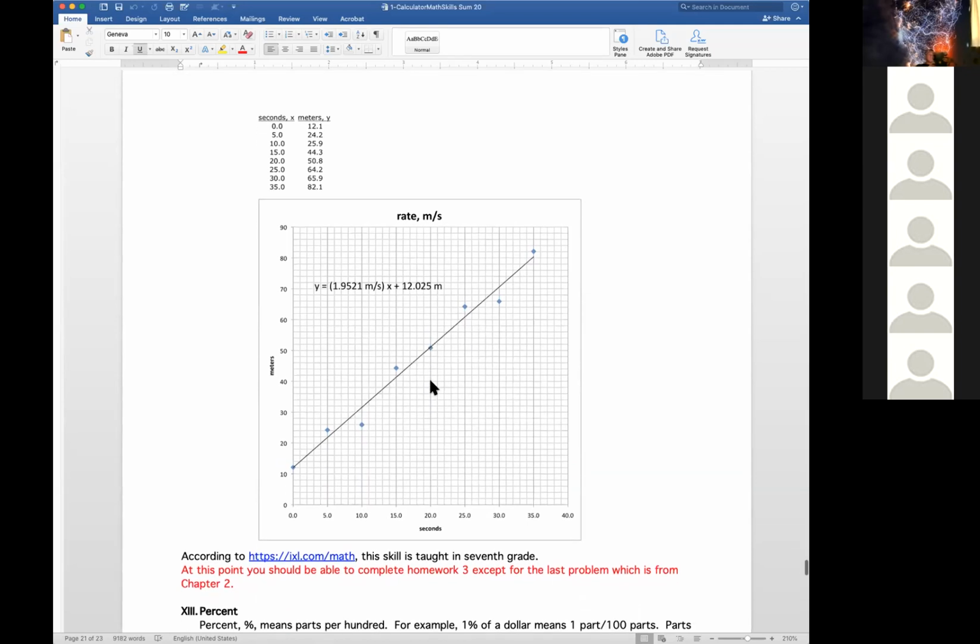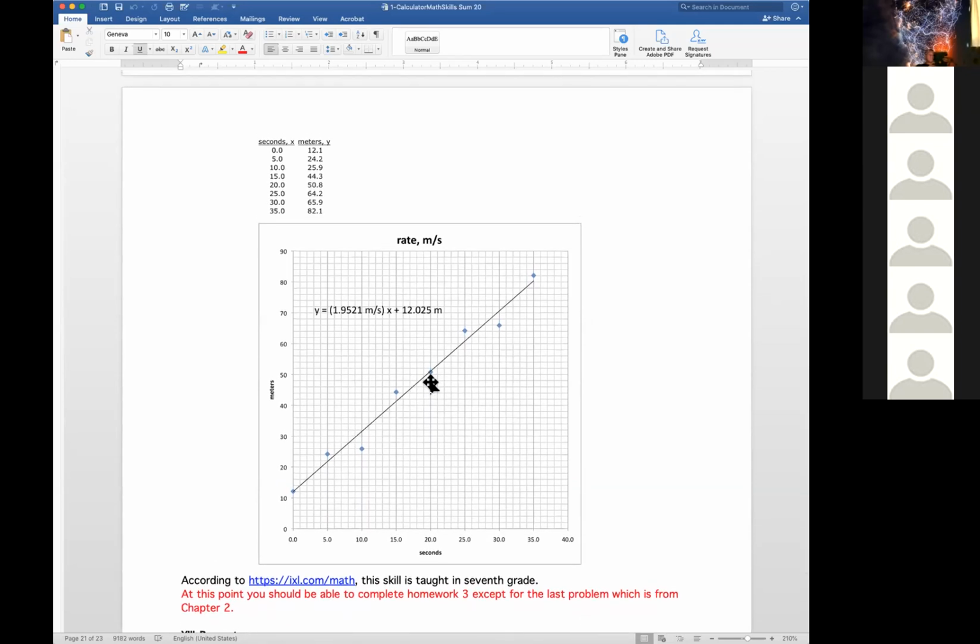So why choose the 80 to minus 12, or may I choose the 85 to minus 12 or minus 10 to get the slope? So to calculate the slope, you could do any of these, anything from the line. Doesn't matter.